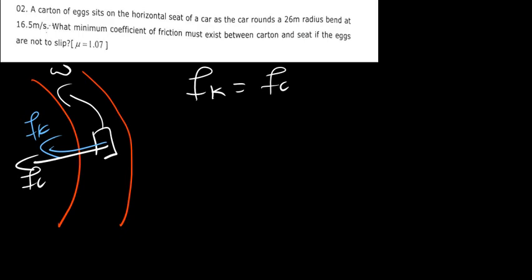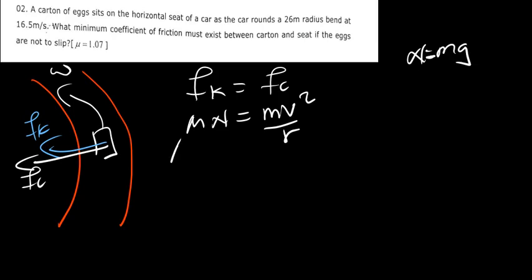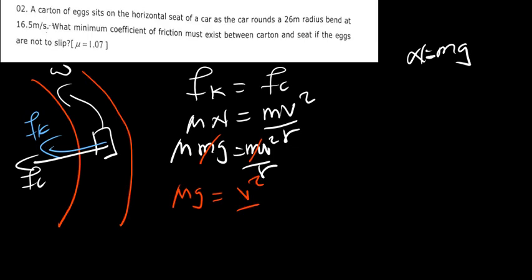Friction force is mu times the normal force. Centripetal force is mv squared divided by r. Normal force is mg. So mu times mg is equal to mv squared divided by r. There is m on both sides, we can cancel m. So mu g is equal to v squared divided by r.